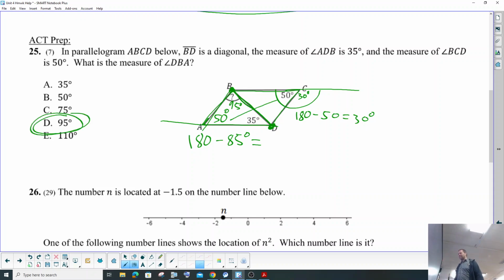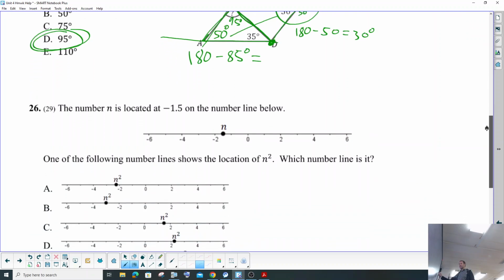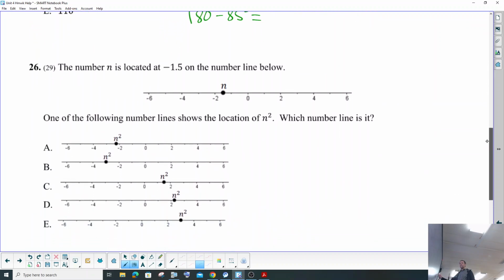Woo! Nice. So the number n is located at negative 1.5 on the number line below. One of the following number lines shows the location of n squared. Okay, so they're asking us to take negative 1.5 and square it.